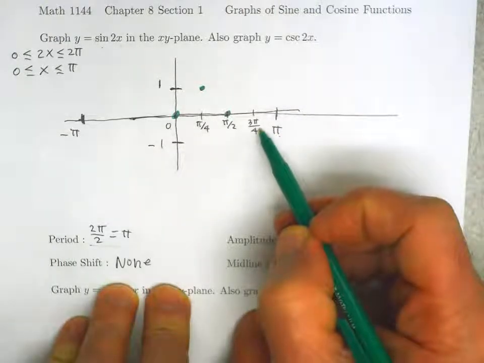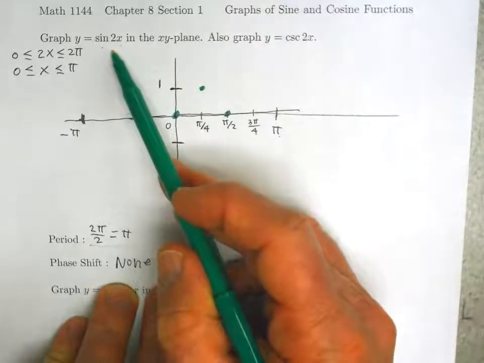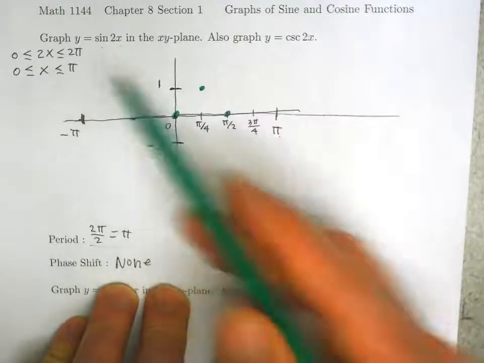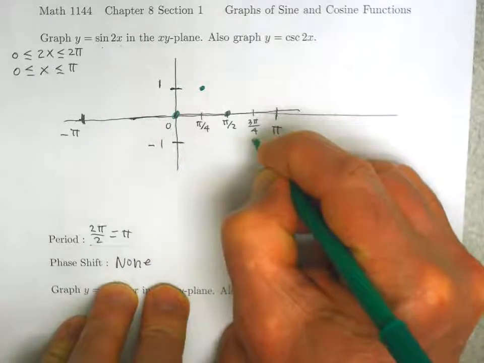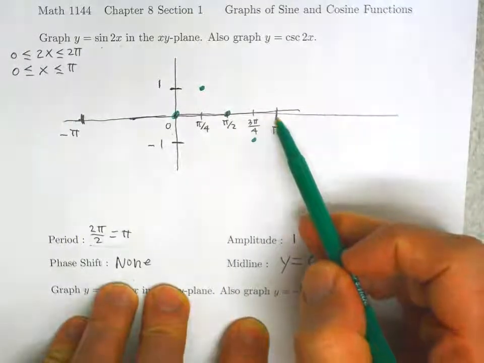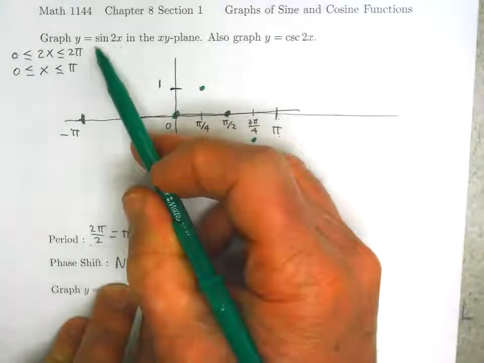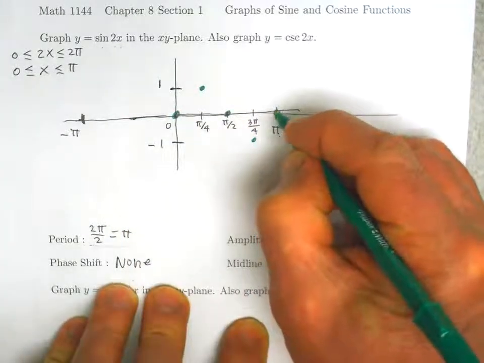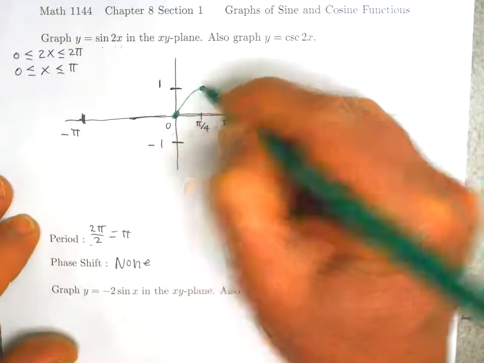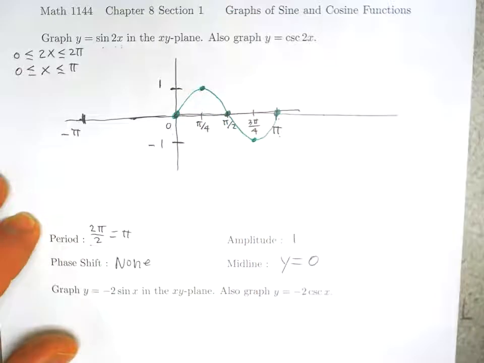When x is 3 pi over 4, 2 times 3 pi over 4 is 3 pi over 2. And sine of 3 pi over 2 is negative 1. So we have this point on the graph. And then when x is pi, 2 pi, sine of 2 pi is 0. Okay, so we can sketch in the sinusoid for one period between 0 and 2 pi.